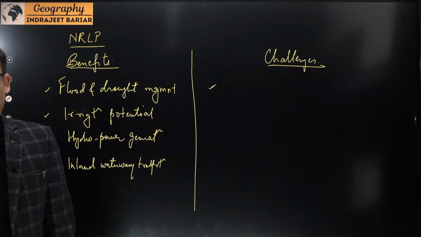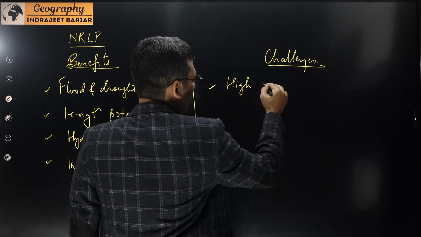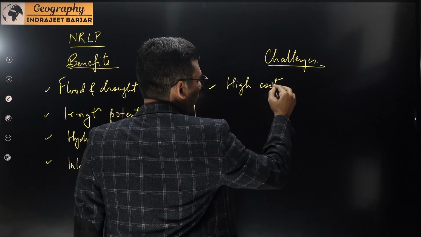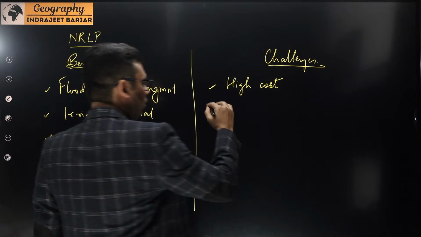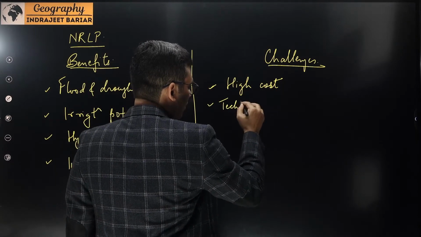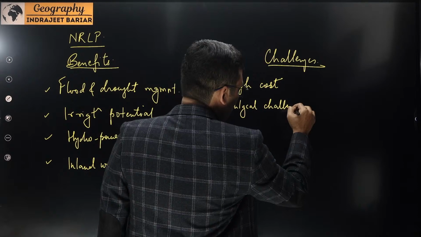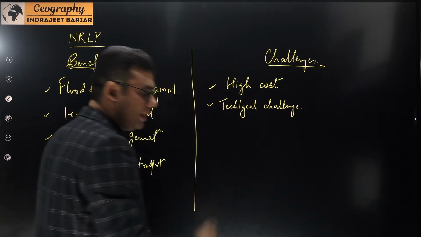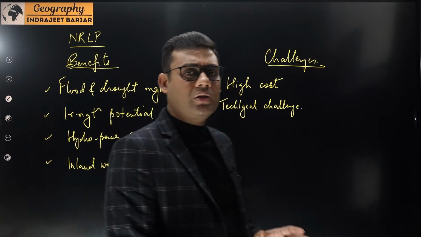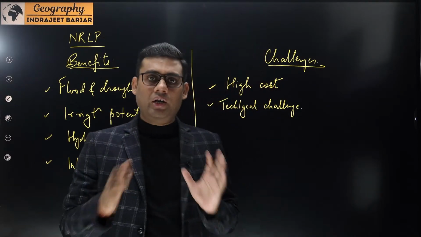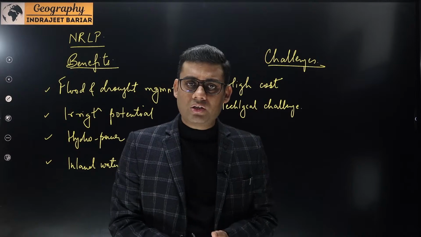First thing, that is very high cost, extremely high cost involved. This would be a very costly project. Along with that, the technological challenge. Now in the technological challenge, the basic idea would be that the river basins are separated by what we call the water divide, which effectively would be hilly or mountainous regions.